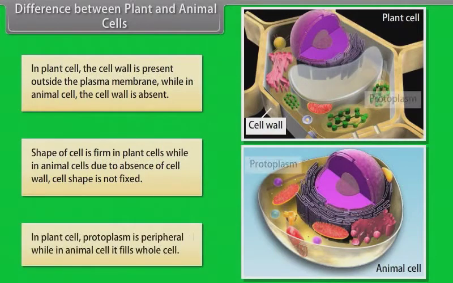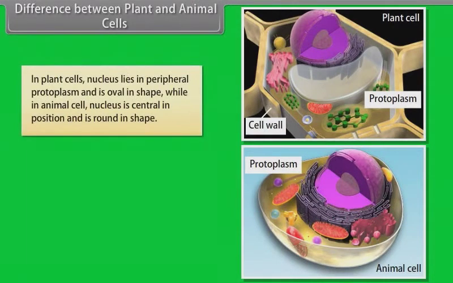In plant cell, protoplasm is peripheral, while in animal cell, it fills whole cell. In plant cells, nucleus lies in peripheral protoplasm and is oval in shape, while in animal cell, nucleus is central in position and is round in shape.